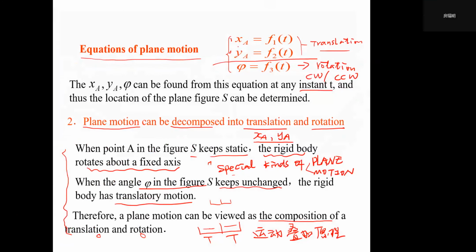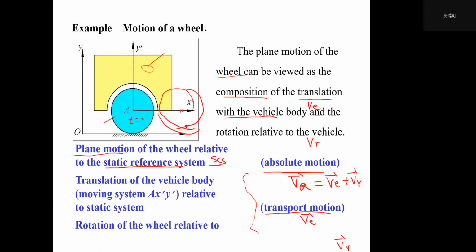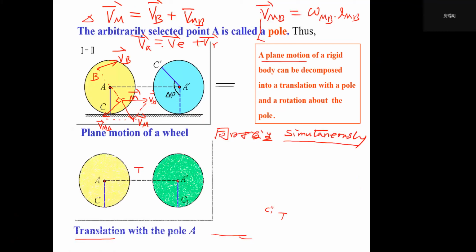We can use these equations of plane motion to denote a rigid body, just a plane figure in plane motion. We just need 3 equations, right? And today we're going to tell you how to use it, more like the composition of velocity from the last chapter.